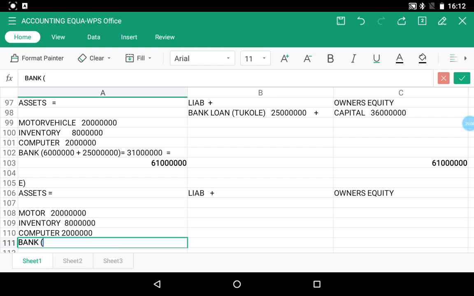Our bank balance was 31 million, with this 2.5 million, the one they withdrew, we shall remain with 28,500,000.